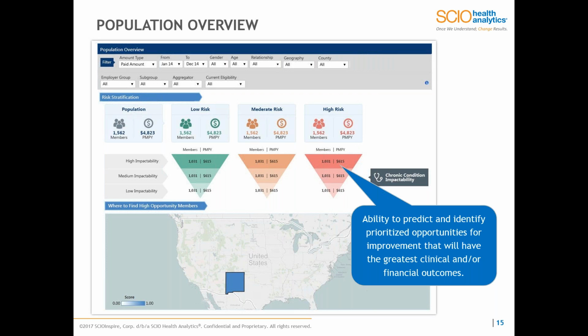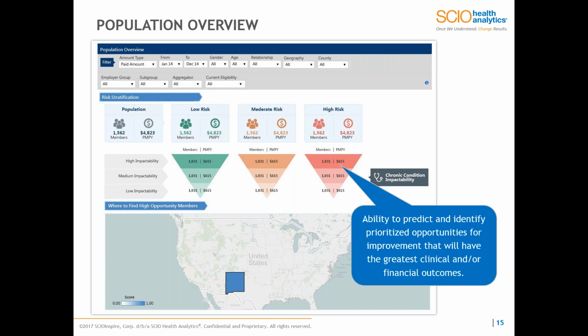If you close the gaps, focusing on the quality care, the gaps in care, this is where you have the biggest impact to be able to avoid avoidable inpatient admissions as well as ER visits. So again, being able to drill down and say, where is it that I should focus my interventions?